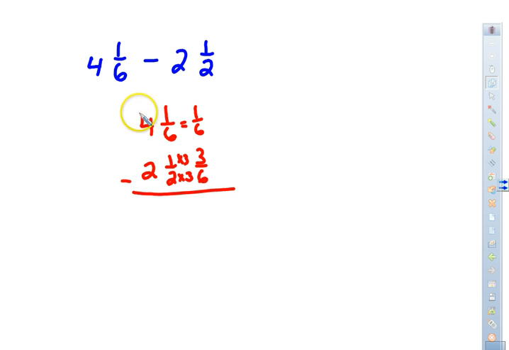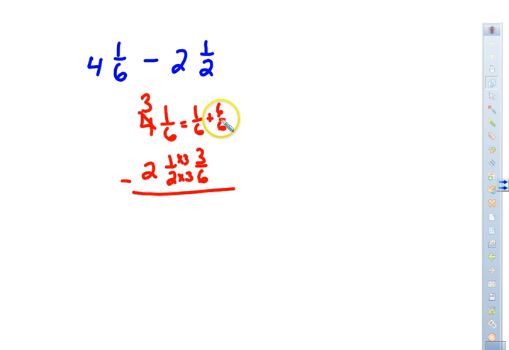Now we go to subtract, and we cannot subtract because the 1/6 is smaller than 3/6. So we're going to need to borrow from the 4, which becomes a 3, and we're going to add 6/6 to my 1/6 because this is equaling 1 whole. Some of you keep wanting to add 10 to this number. That is not what you're doing.